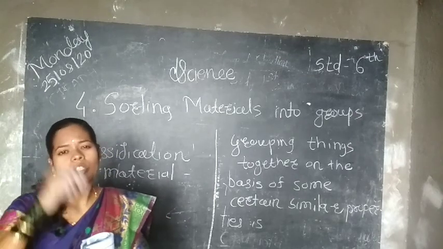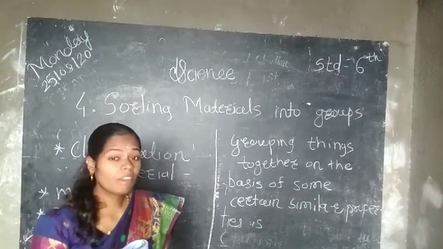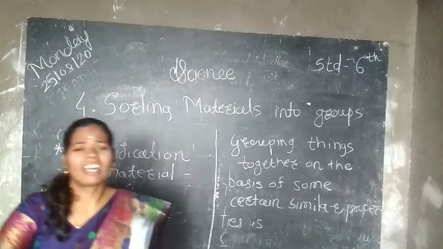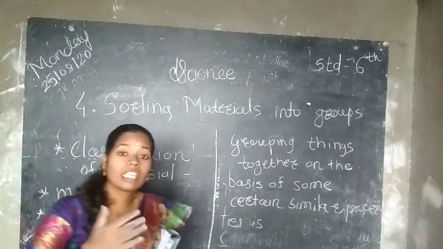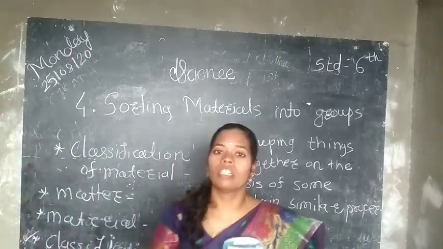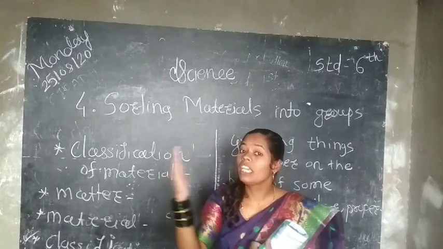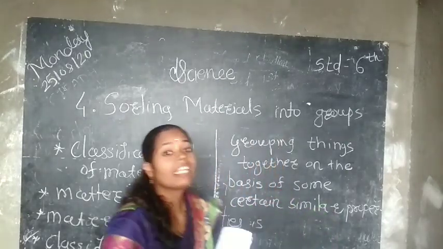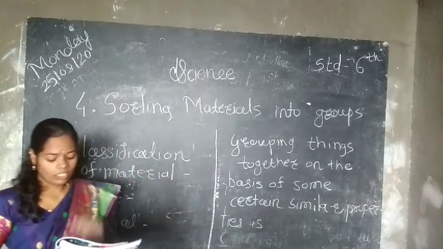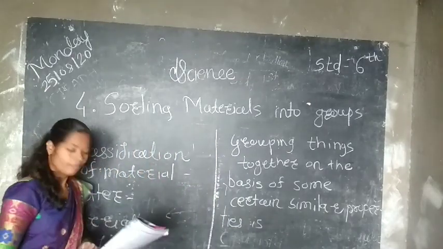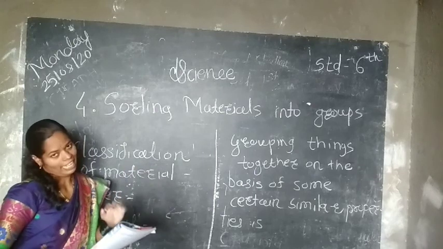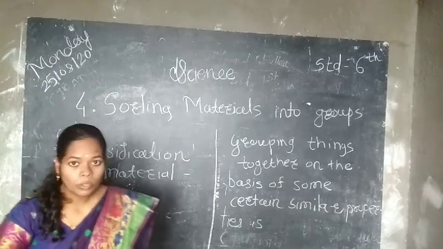Birds are there. Small insects, butterflies are there. So a variety of things are present on the earth. According to their similarity, we can separate and classify them. For this separation, we need some similar characters. Is that clear to you?